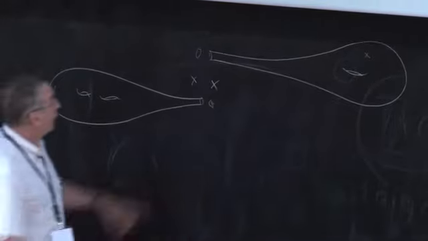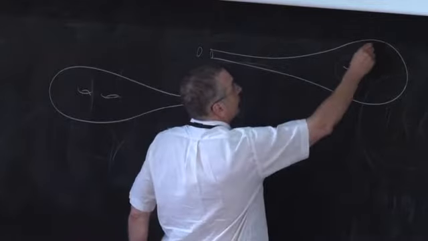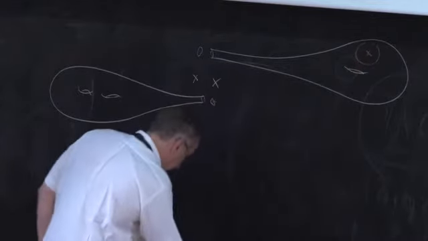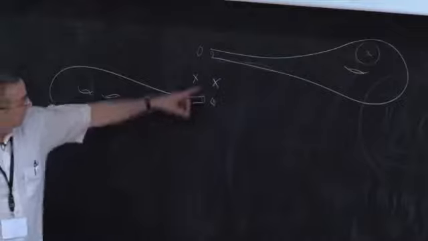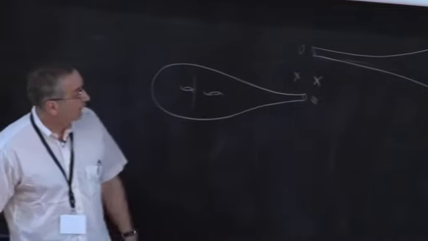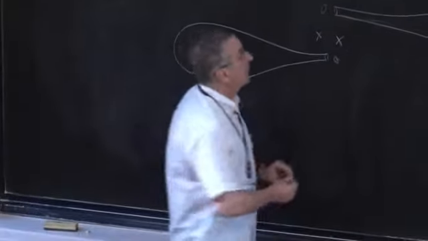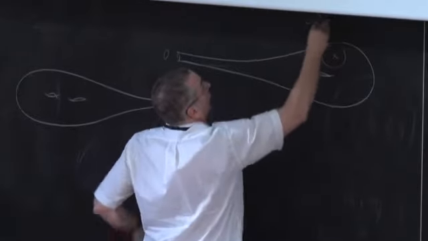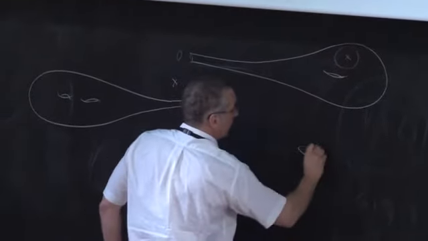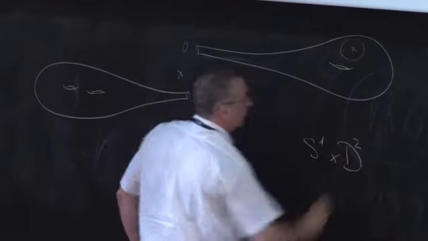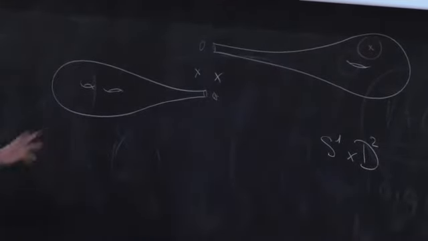So a neighborhood of this point will be given by a disk, which is very close to being flat, and this circle, which I have rescaled to be of length 1. So a standard neighborhood of this point would be S1 cross D2, the product metric, with the disk very close to being flat.